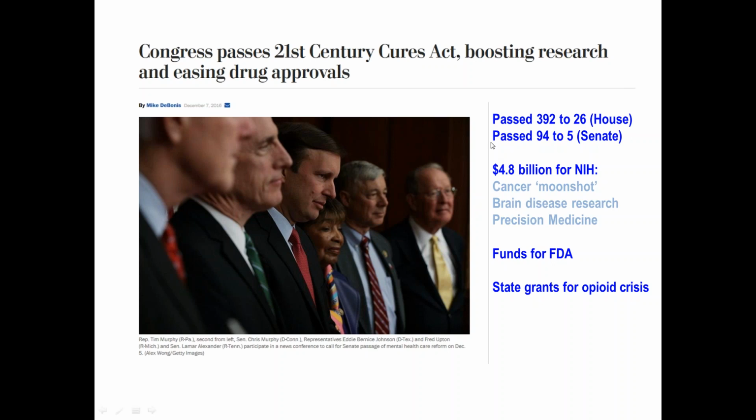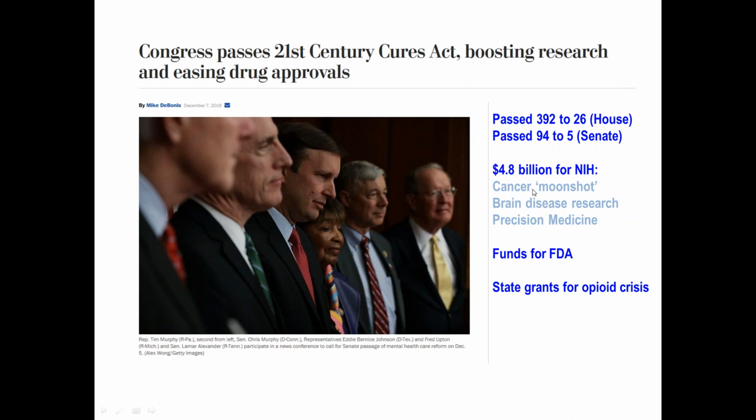I think it's important to see that this bill was passed in the House of Representatives by an overwhelming majority, 392 to 26, and it passed the Senate by an overwhelming majority, 94 to 5, with very few people dissenting because they disagreed with some of the language in there that gave pharmaceutical companies some indirect benefits and that sort of thing. But the bill really had a tremendous amount of funds for NIH to be spread over a couple of years.